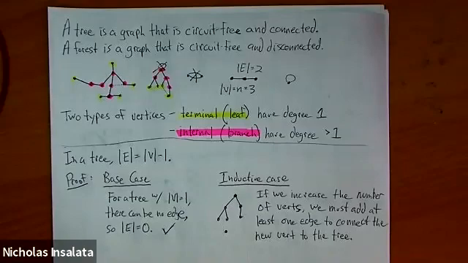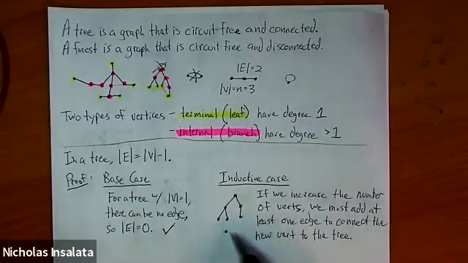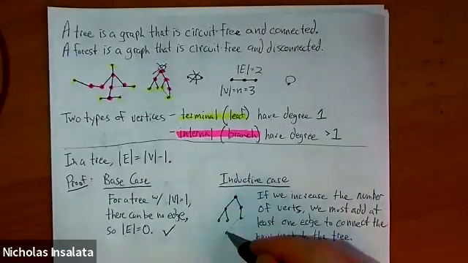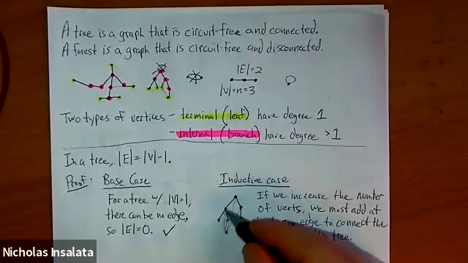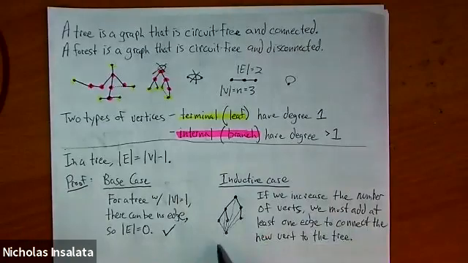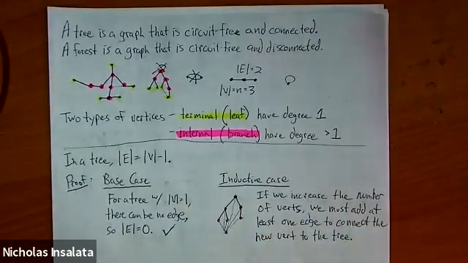No, there isn't. It turns out we could connect this to any one of the original vertices here. Doesn't matter. Any one of these we could connect and no circuit's going to be made. Does everyone see that?